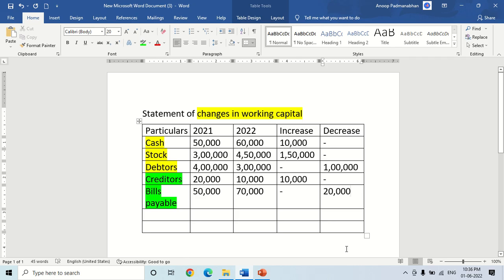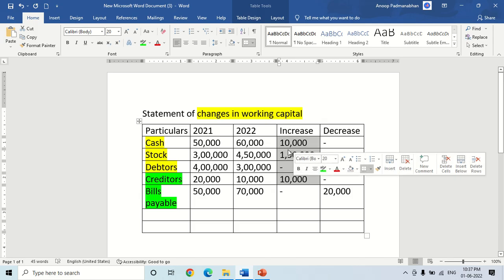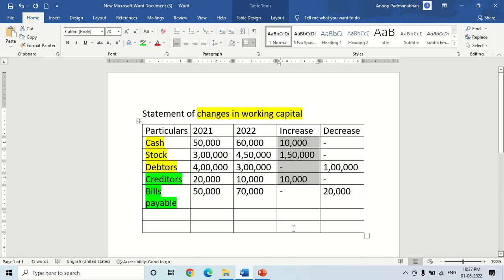Now when we do the balancing figure, these last two columns are very important. It is just like how you balance a ledger. When we take the total of these two columns, which column has the highest value? The increase column has the highest value. 1,70,000 you will be getting.